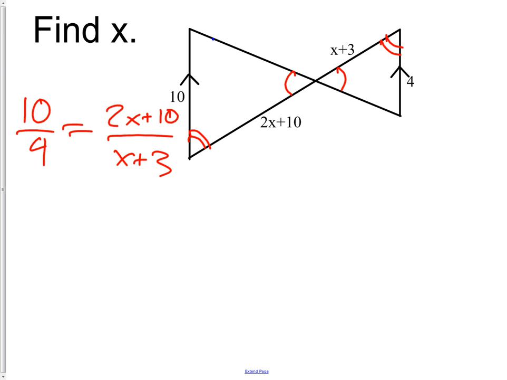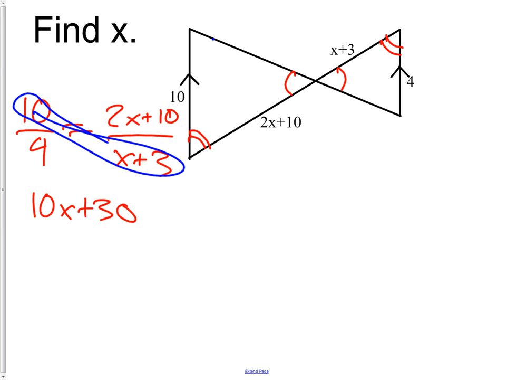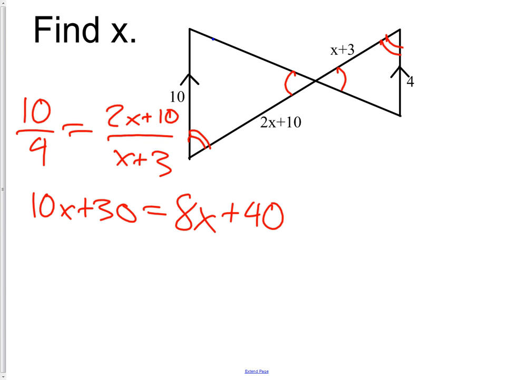Now we have our proportion, we can cross multiply and solve. We have 10x plus 30 when we cross multiply from the 10 to the x plus 3. Then we go the other direction, we get 8x plus 40. If you're not sure how this works, make sure to ask me in class.